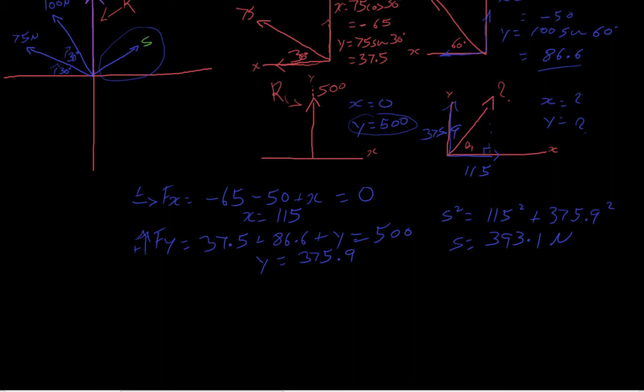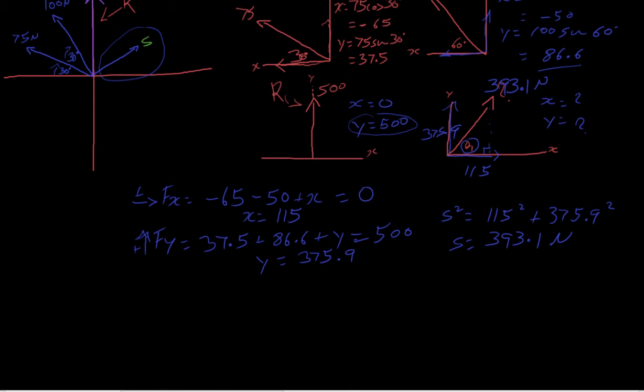Well, now we know that this is 393.1 newtons. We know the magnitude, we still don't know the direction. We know it's in the first quadrant, but just how many degrees is it? For that, we're gonna apply, remember SOHCAHTOA?